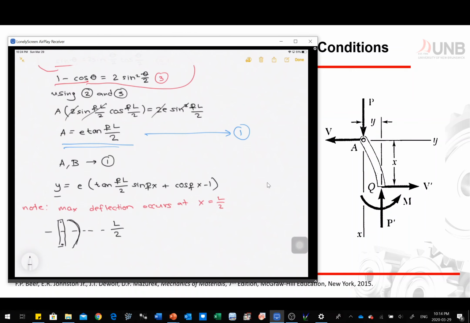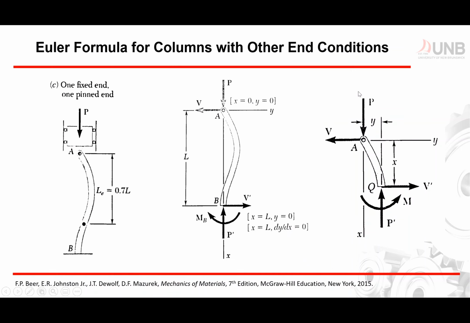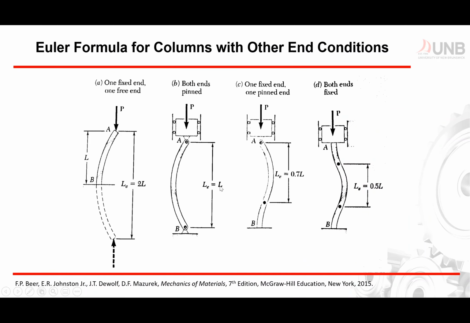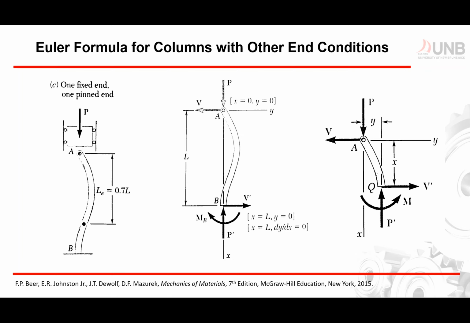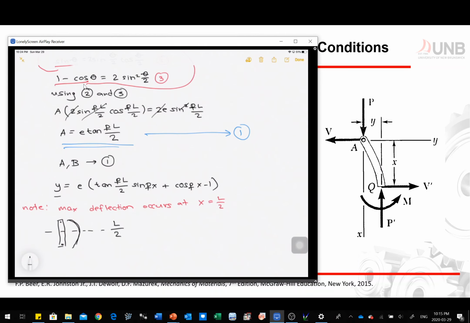If we go back to other support reactions, this is now your 0.7 times the length of your beam. So your deflection right here happens at 1/2 of your LE. It's just that in our case, we assume that we have pin connections at both ends. So let's go back to my screen right here.